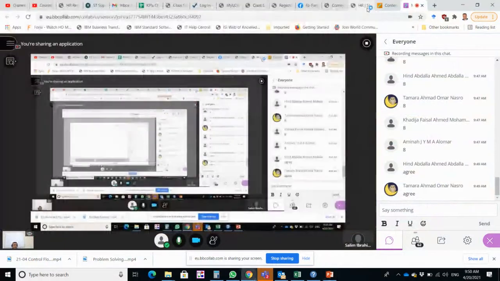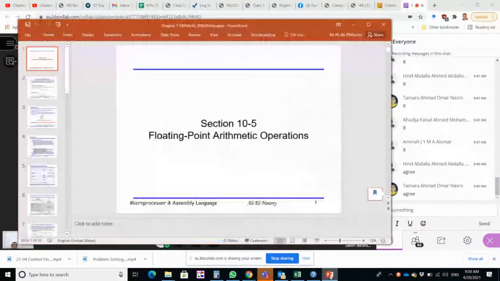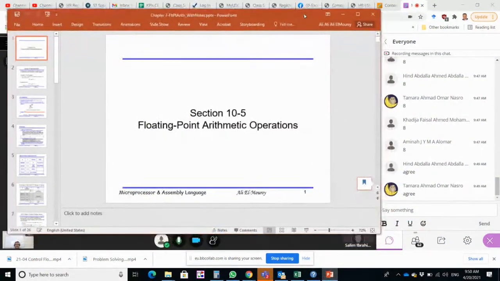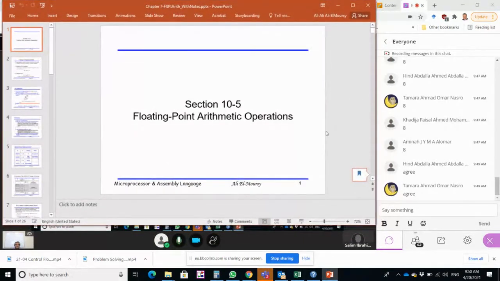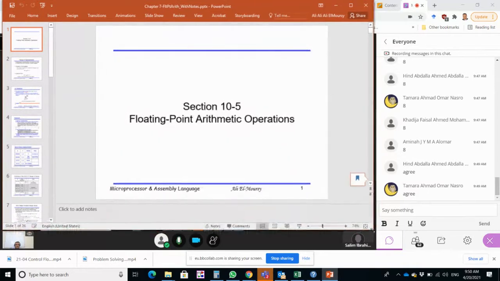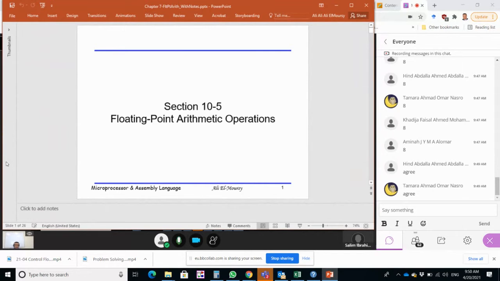Before we go to the arithmetic operations, addition and subtraction, we need to start the next set of slides, giving you some more details about how numbers are represented in floating point in the computer system, the IEEE standard, and also some idea about what we gain out of this. What is the range of values now?